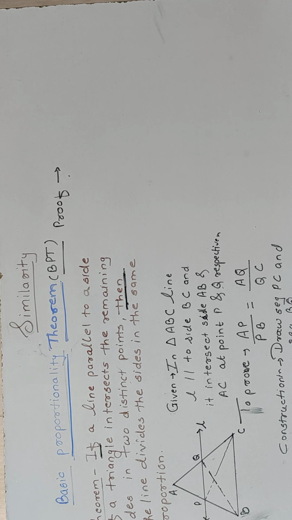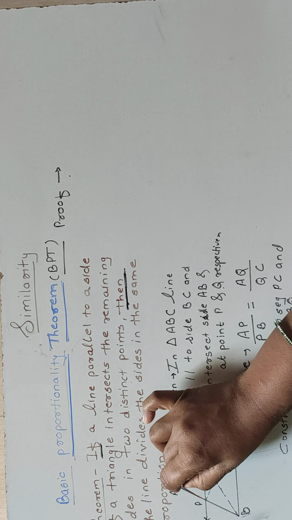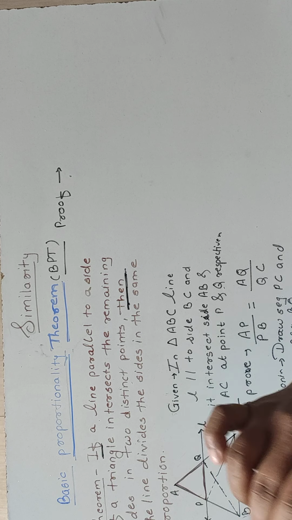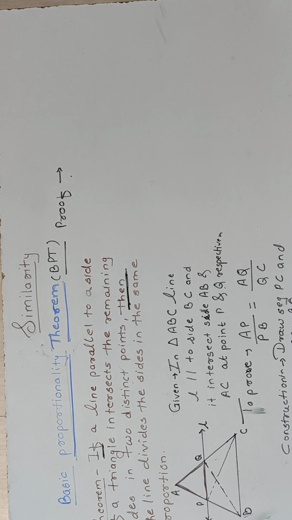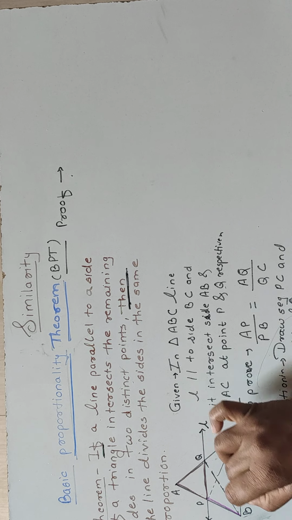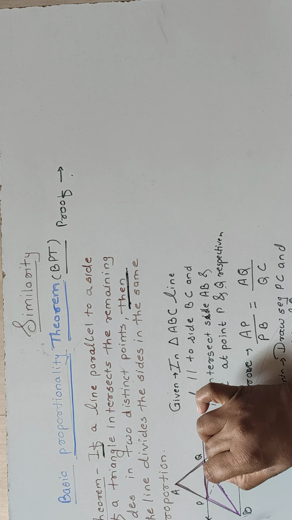If you see here, this is triangle APQ, and another triangle, this is BPQ.